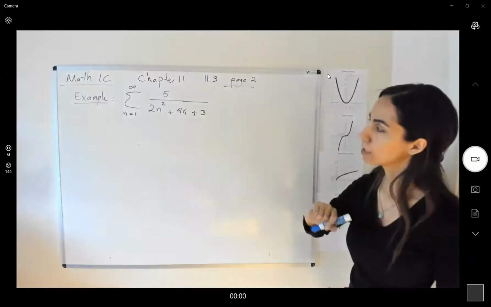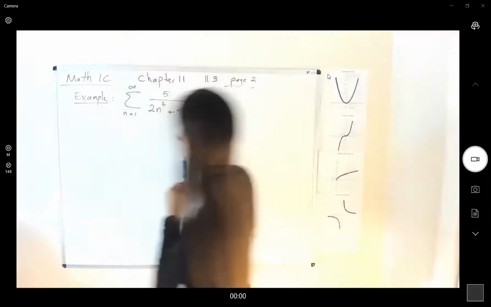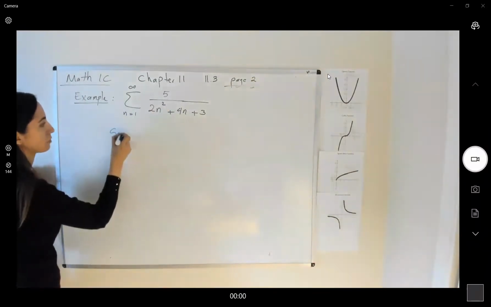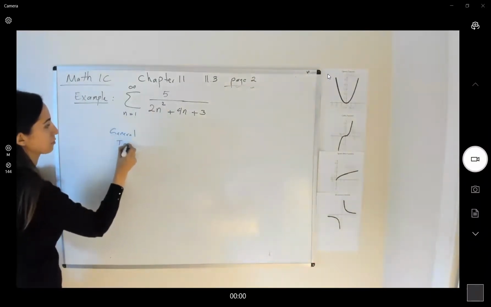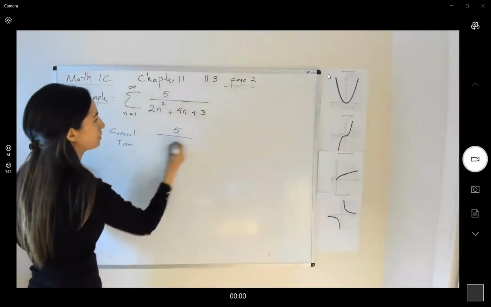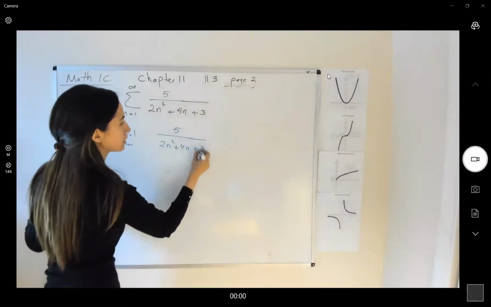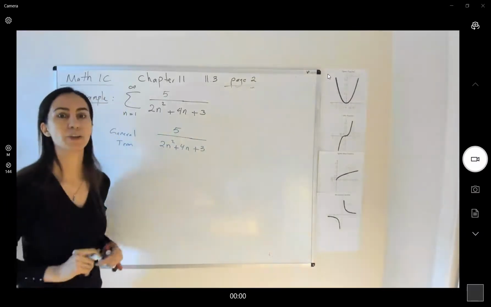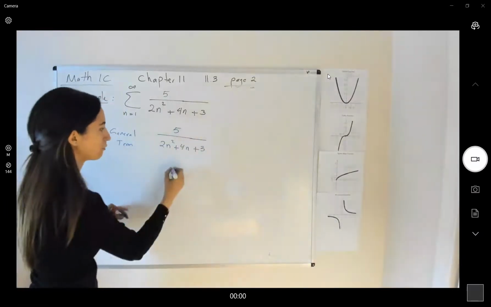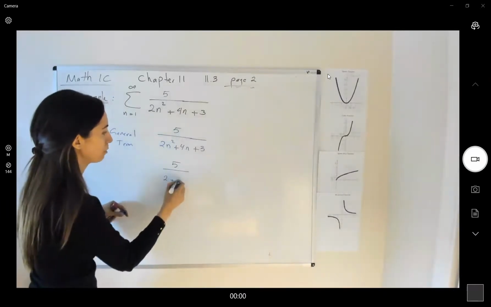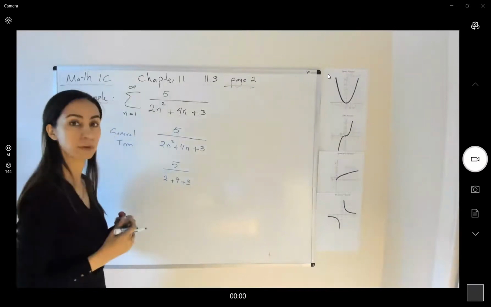So what I'm going to do, I'm going to take the general term, which is 5 over 2n squared plus 4n plus 3. Think about it this way. You have 5 divided by, for example, 2 plus 4 plus 3.